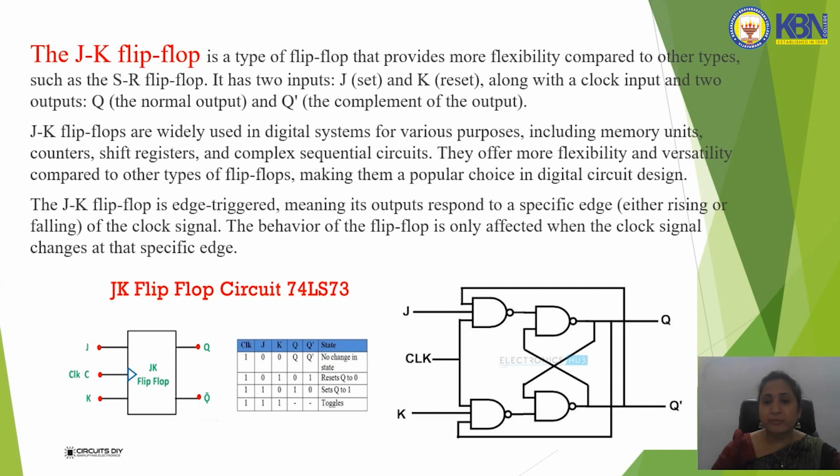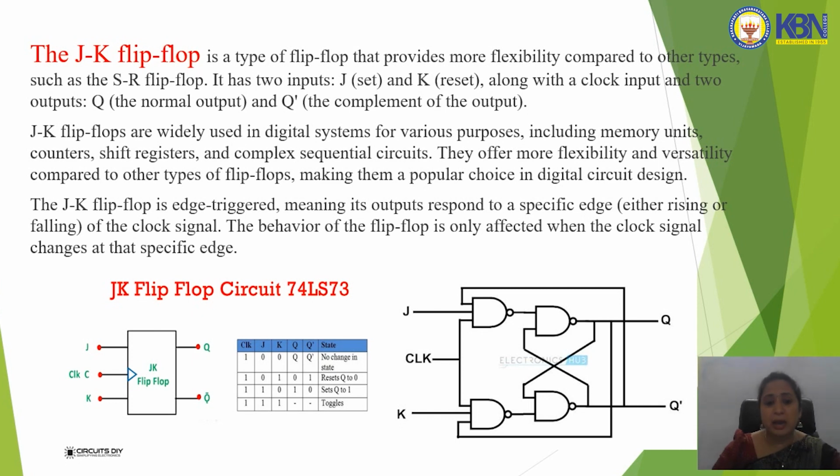The JK flip-flop is more flexible when compared to other flip-flops. JK flip-flops are widely used in digital systems for various purposes, including memory units, counters, shift registers, complex sequential circuits, etc. In most cases we are going to use the JK flip-flop only.